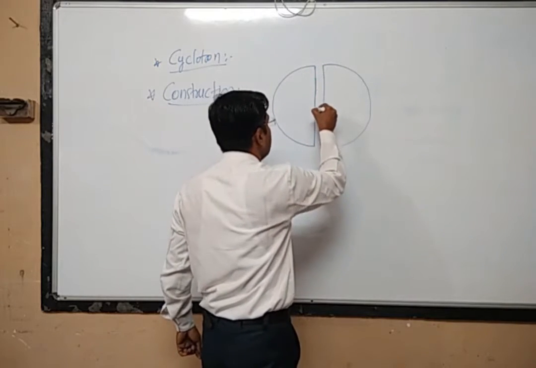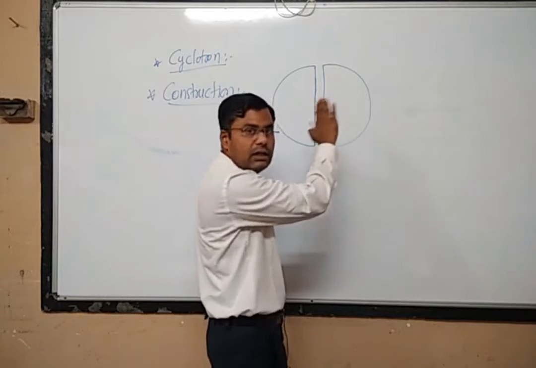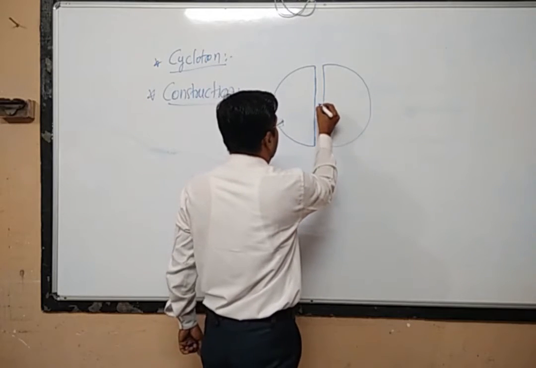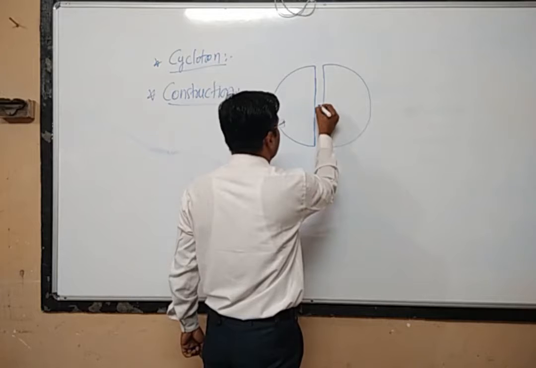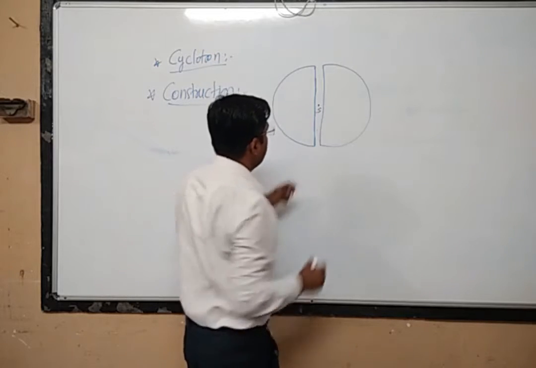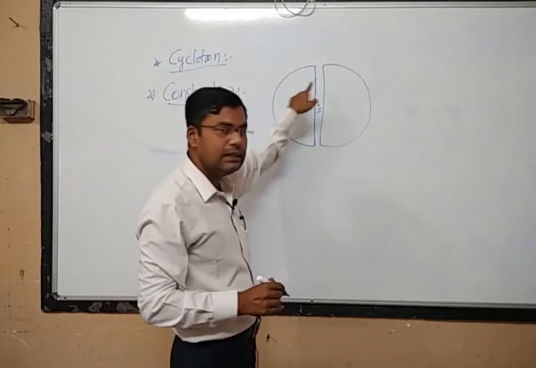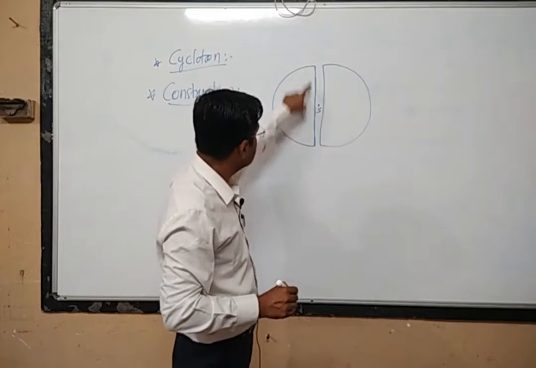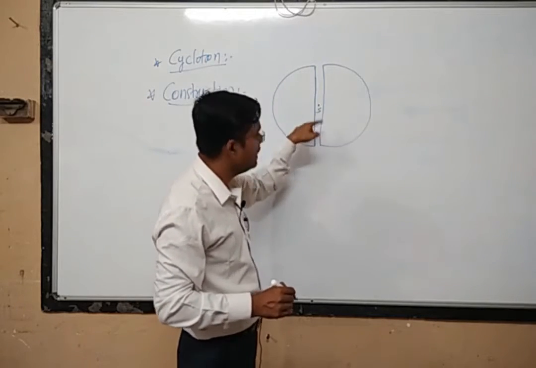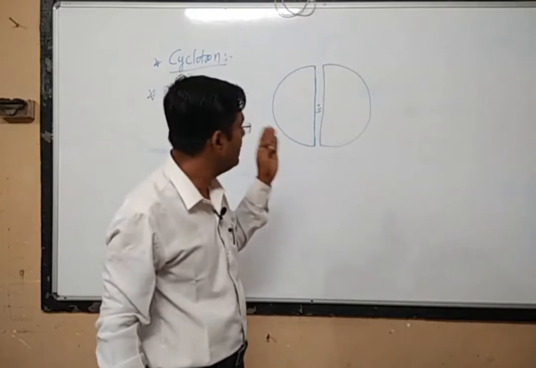But this particular end of the D will have an opening, because at the center of these two Ds there will be the source of ions, and the ions should travel within the D. Therefore these ends of the D are open and hollow.